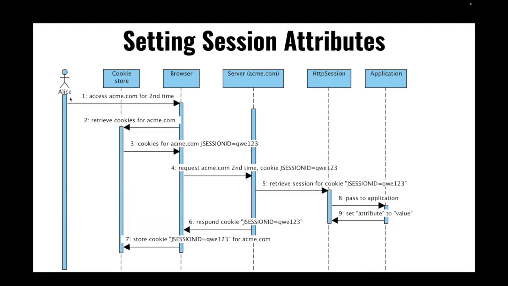So next time around, in your second request, you will have a cookie for acme.com. And again, if you agree to participate in this mechanism, you will provide that cookie to the server in the header.